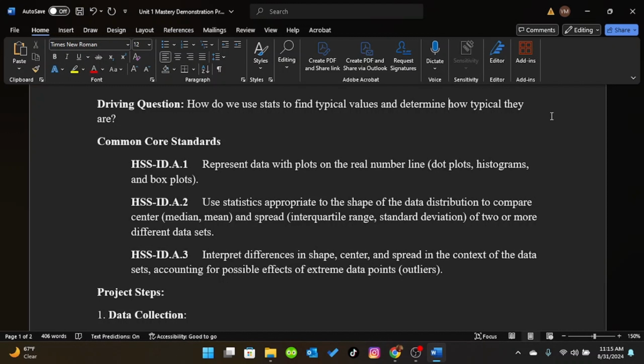In other words, when you are comparing your plots after you've drawn them and you've decided which stats you're going to use and you have calculated them, you need to be able to explain to your audience what those statistics mean in the context of the question that you asked.